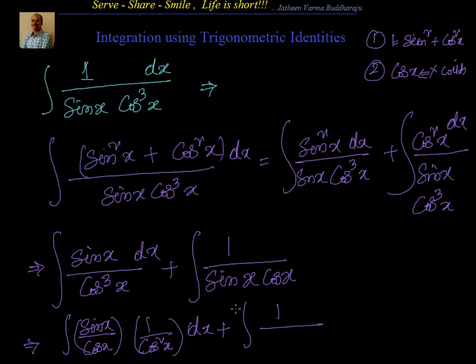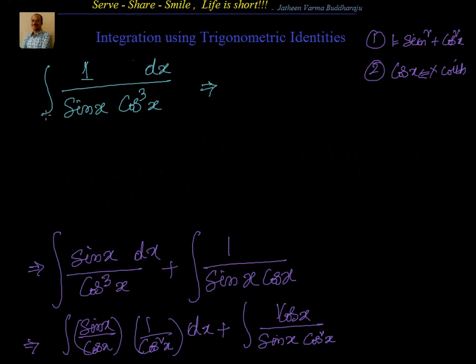This becomes sin x by cos x into cos square x. So I'll write it as sin x cos square x by cos x will go to the top.